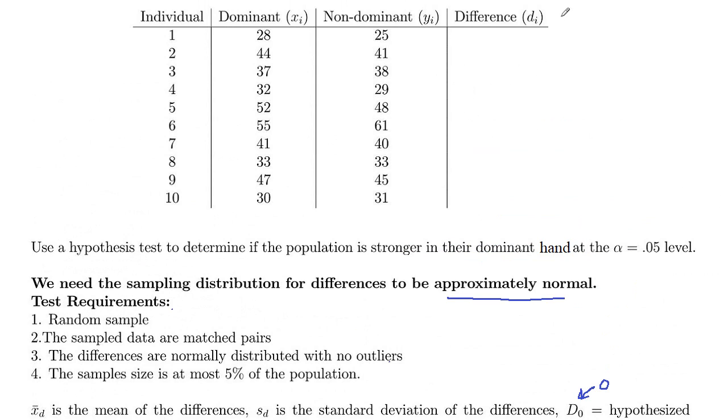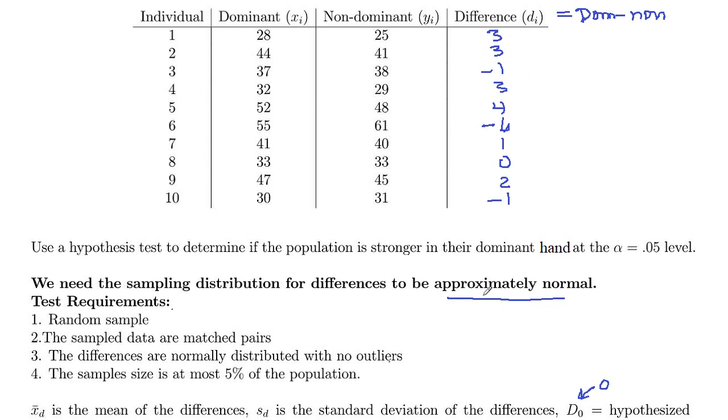For our differences, we're going to do dominant minus non-dominant. So subtract left minus right. 28 minus 25 is 3. Then 3, negative 1, 3, 4, negative 6, 1, 0, 2, and negative 1.